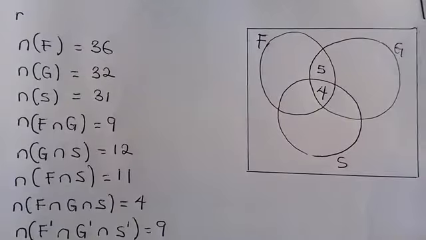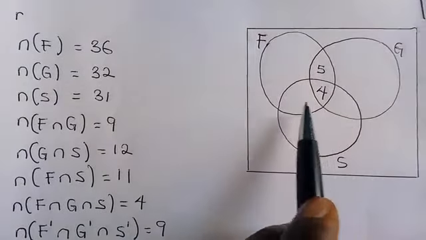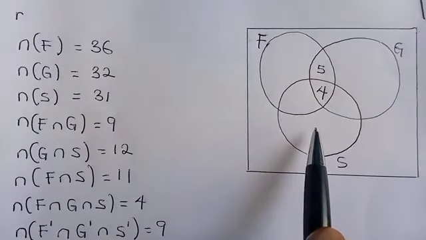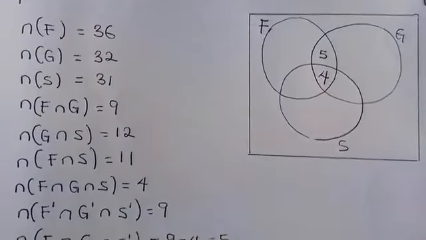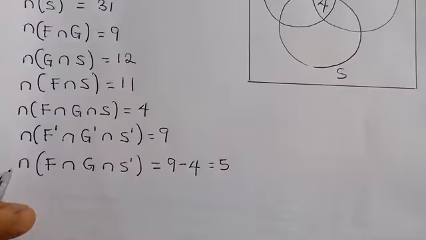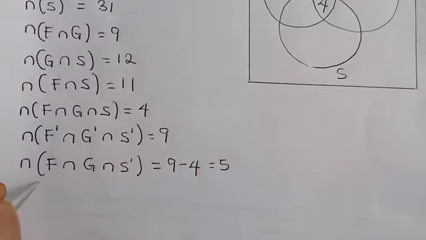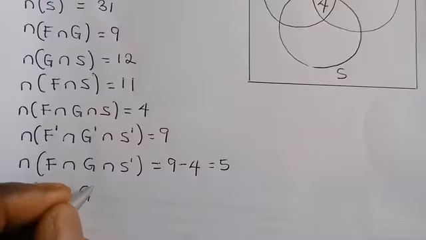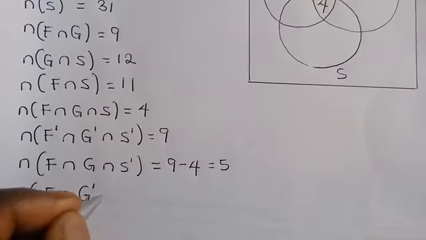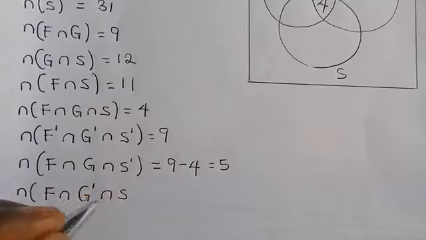Similarly, for us to know those that offered French and Spanish but not German, we are going to use n, that is the cardinal number of those that offer French and Spanish but not German.